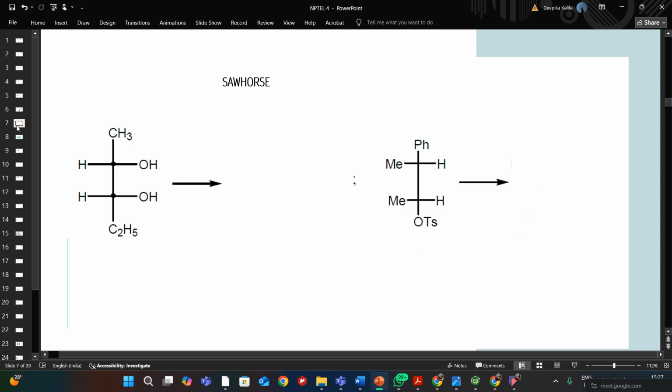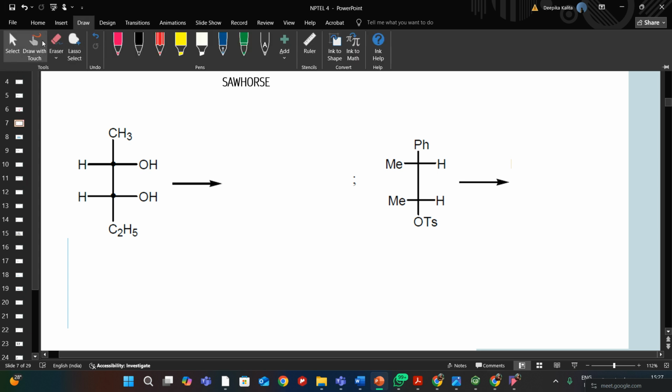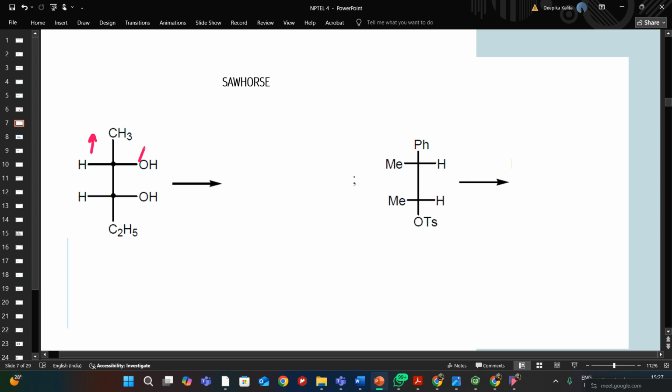Now we have been given two Fisher projections which we have to convert into Sawhorse diagrams. Again, when converting to a Sawhorse diagram, we will similarly lift the horizontal substituents upwards, and imagine the vertical substituents, which are methyl and ethyl here, will remain downward in this way.